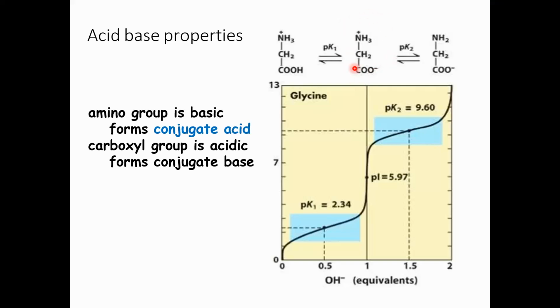Now we say it is a conjugate base, and it is a zwitterion having two charges at nearly physiological pH, not exactly physiological but near it.